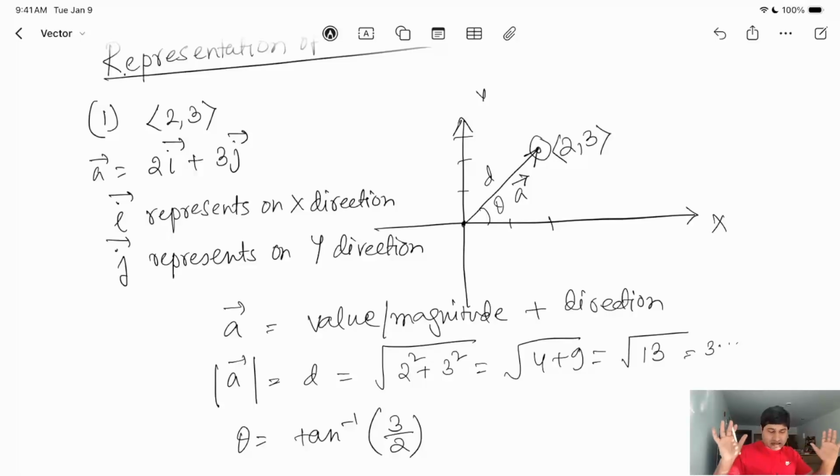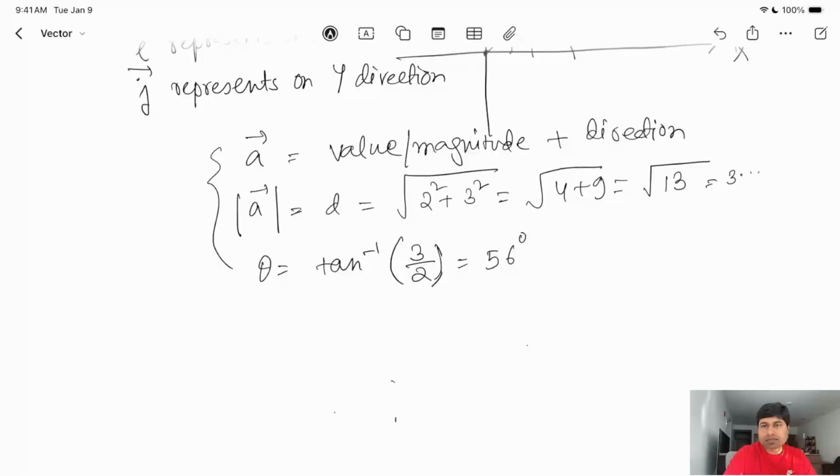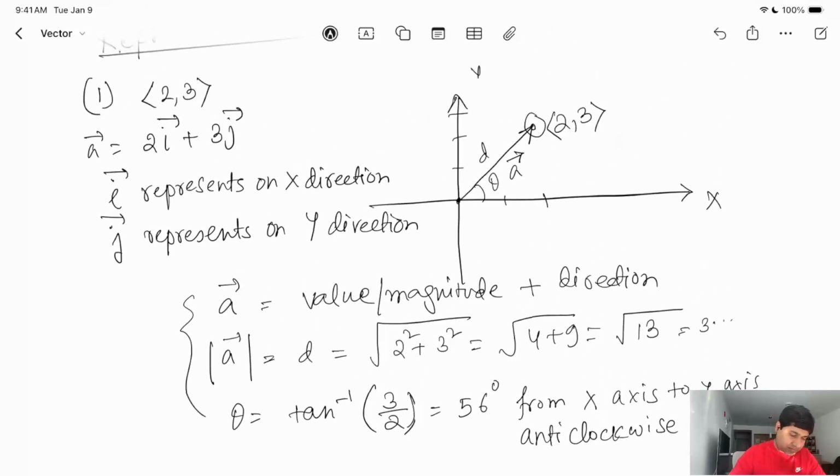That comes to some value, bigger than 45 degrees, let's assume 50 degrees. So what is the direction here? It is tan inverse 3 by 2, which is 56 degrees from the x-axis toward the y-axis, anticlockwise. So it's a positive 56 degrees in the first quadrant.